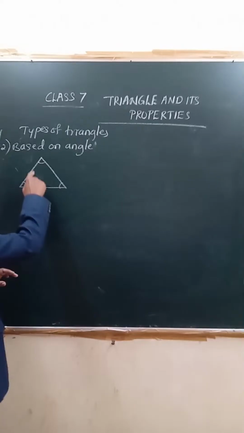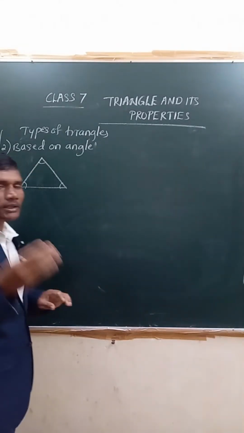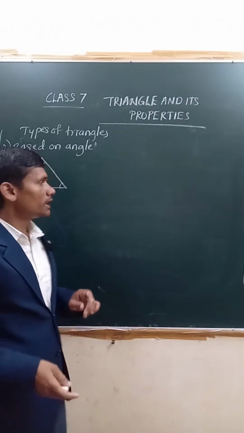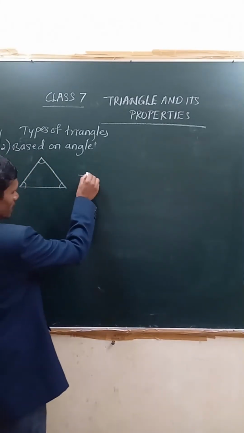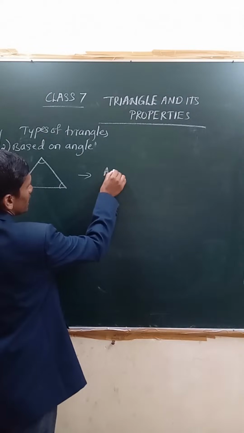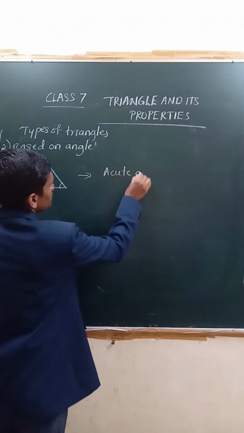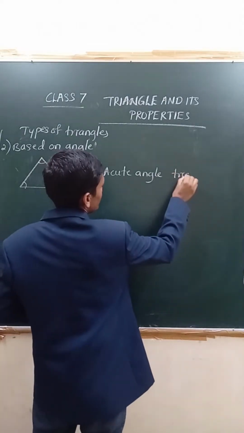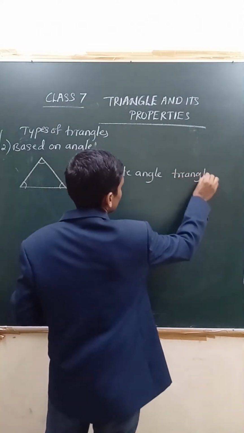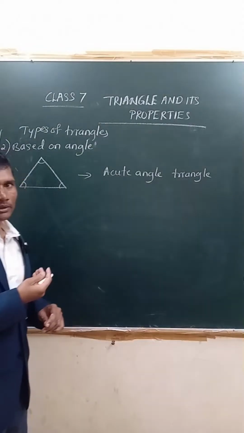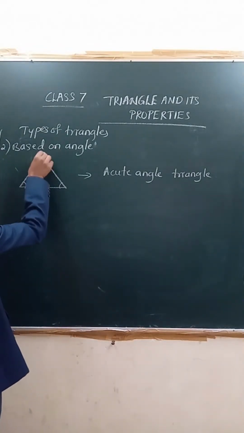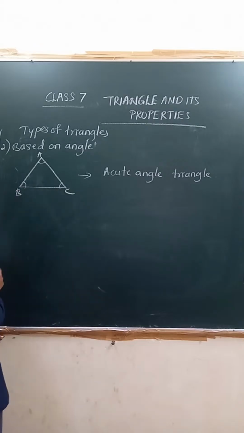Here in this triangle, if you measure any angle, it is greater than 0 degree, less than 90 degree, 100%. All the angles, then we can call this type of triangle an acute angle triangle. Remember how simple it is. If you name this as ABC, each angle is an acute angle.